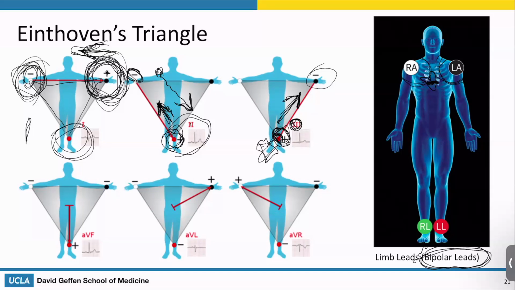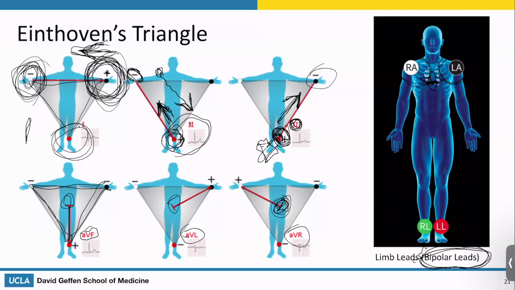So when you're looking at these leads on the bottom here, AVF, AVL, and AVR, we're talking about augmented leads. That's why they're pointing basically to the center of the heart here, because that's where their negative pole is. It's going to create that negative pole using all three of those electrodes.